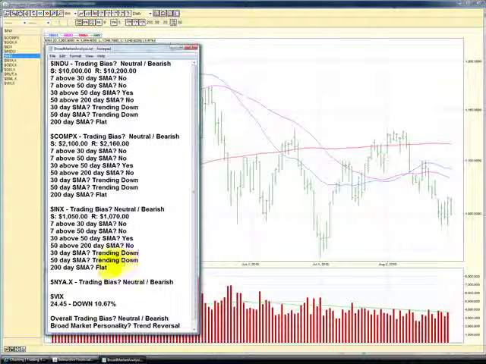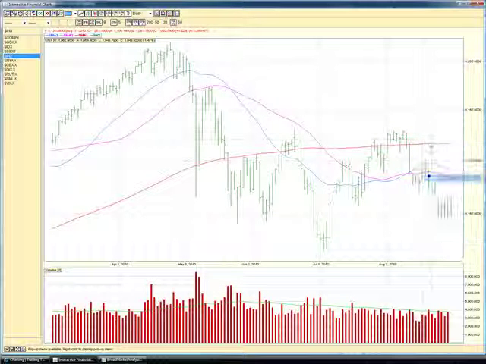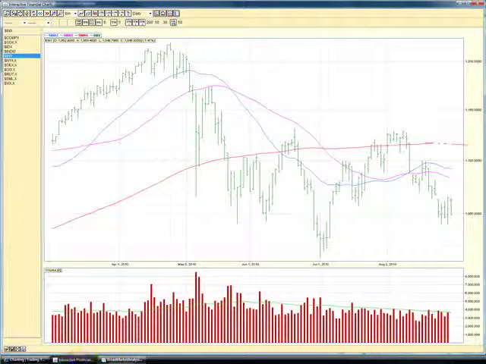Trending down, and indeed, I believe that our 200-day is trending down. Take a close look. I'll see if I can't highlight that a little bit better for you. That's a downtrend, just barely.